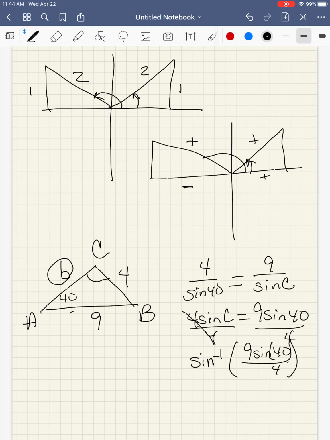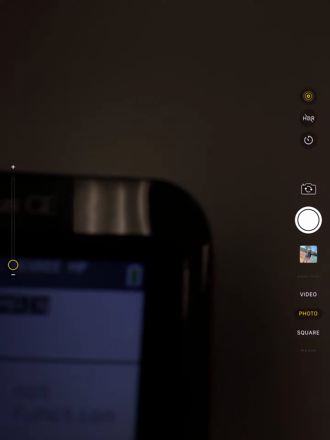Okay, hold on a minute. It's not liking this. Inverse sine. All right, so that is what it looks like. Let me just go ahead and show you so that if it comes to that, you don't freak out.